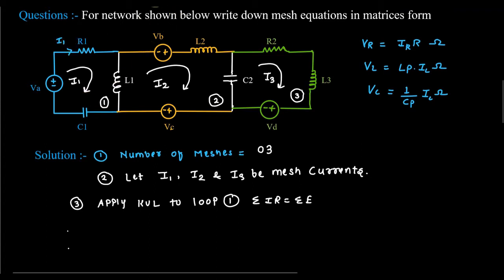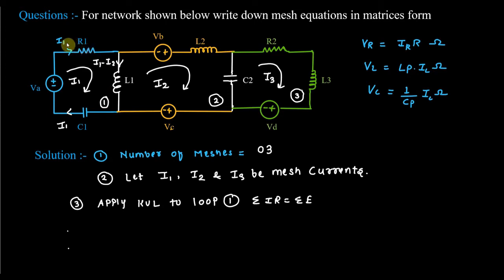What is the current in C1? The current here is again I1. And what is the current in L1? The current in L1 is I1 minus I2. I have told you that L1 is common to the first and second loop, and the current in the first loop is I1, the current in the second loop is I2, so it will definitely be I1 minus I2.